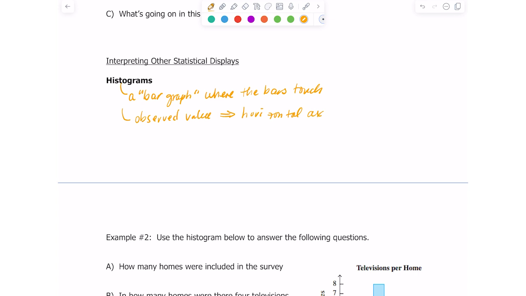And we place frequencies on the vertical axis, so the one that goes up and down. And histograms illustrate frequency distributions for quantitative variables.